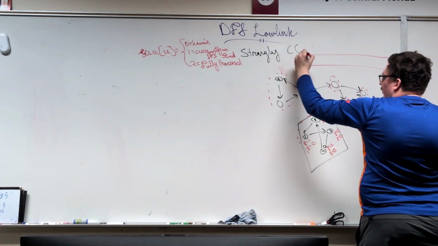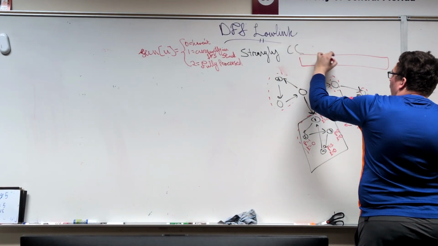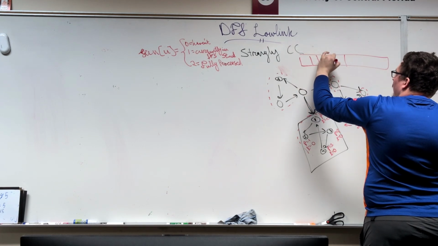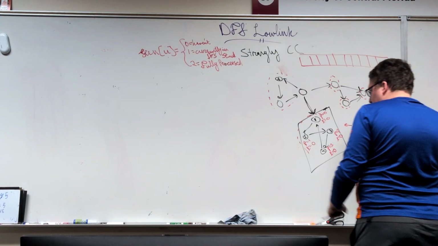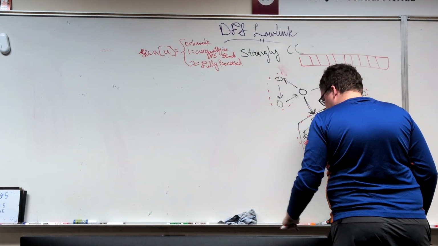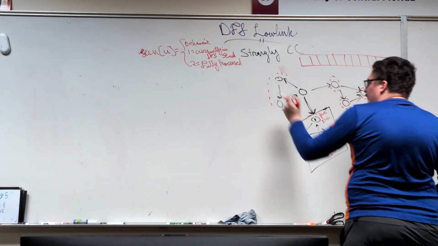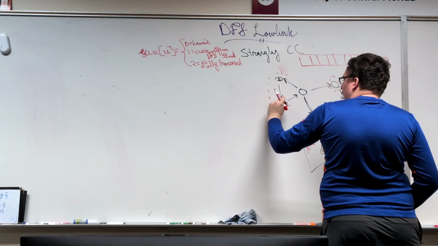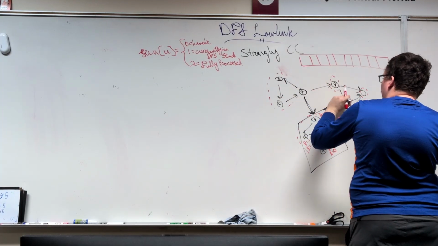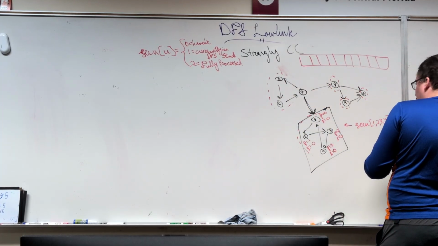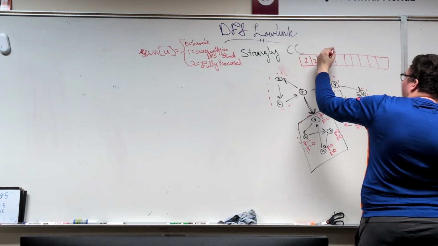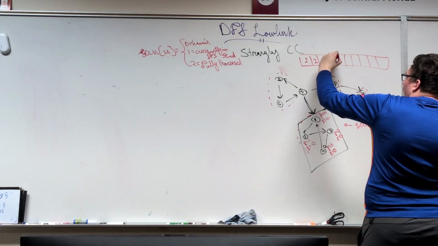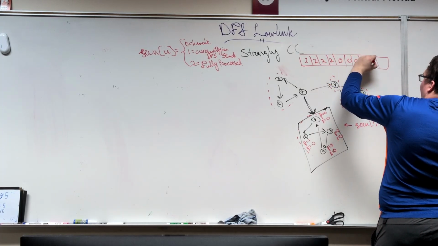Let me draw out the array just so that it's a little bit more concise. So currently, we've seen 1, 2, 3, and 4 and fully processed them. Currently, we've seen none of the other nodes.